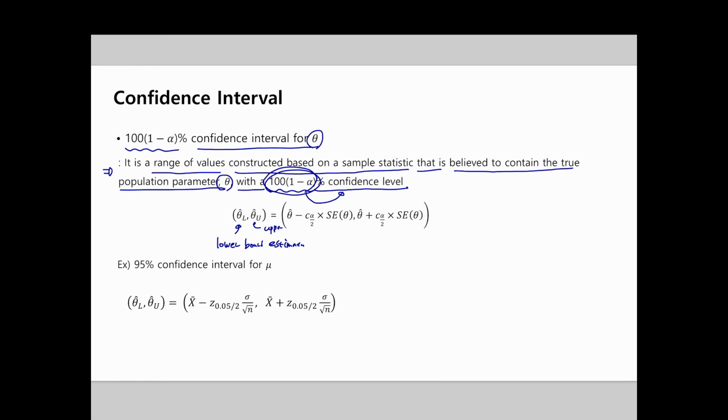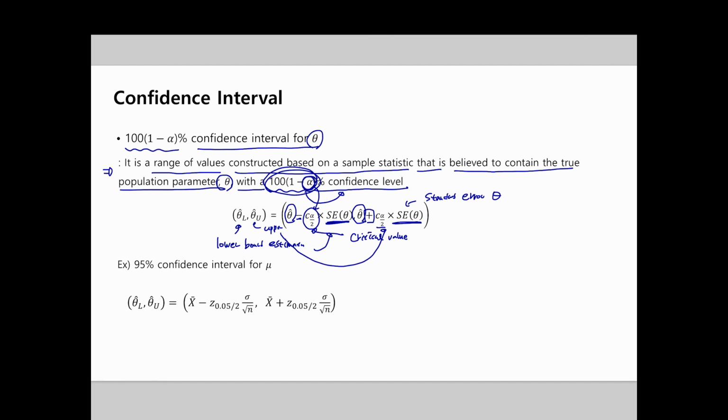That is, the lower bound estimator is theta hat minus the critical value, which depends on alpha, multiplied by the standard error of theta hat. And the upper bound is theta hat plus the critical value multiplied by the standard error of theta hat.